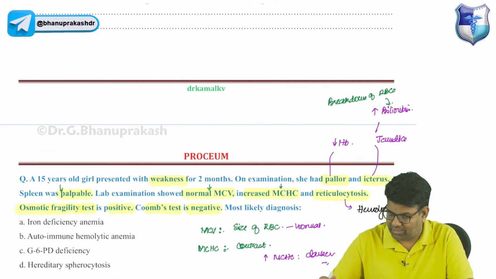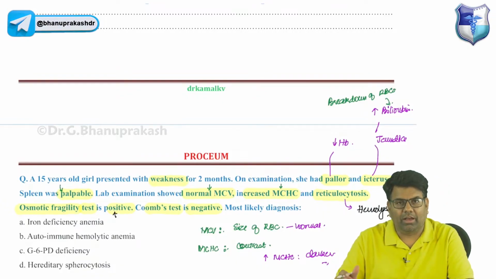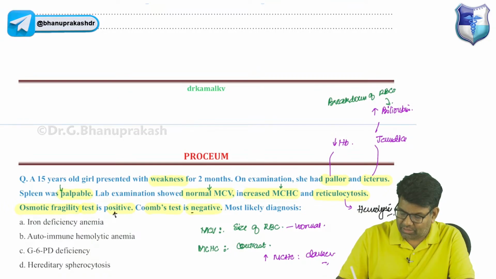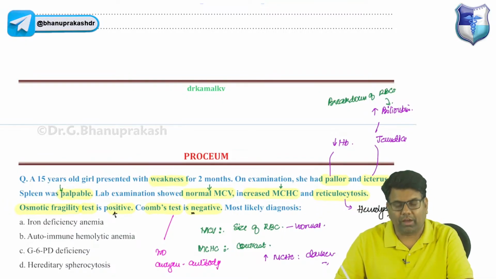Now the osmotic fragility test is positive, it means when the RBCs are placed in NaCl solution, they are liable to get hemolyzed. And the Coombs test is negative, it means there is no antigen or antibody mediated destruction of RBCs.